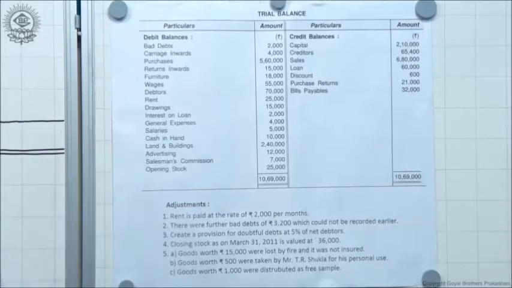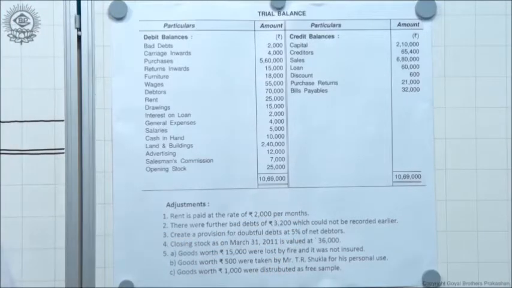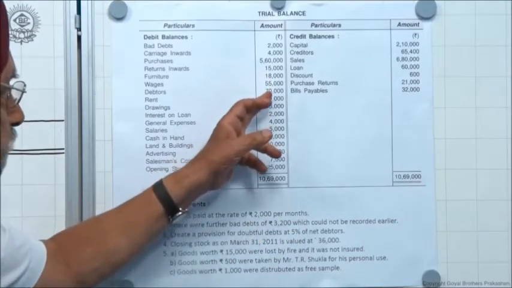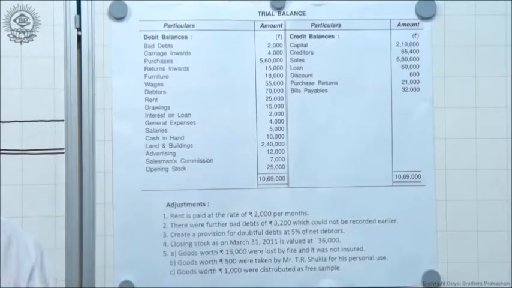Provision is always made on what? On good debts, not on doubtful debts. So, we have debtors of 70,000 and we have to create a provision of 5% on good debtors. So, we will have to deduct out of 70,000 these 3,200 which are additional bad debts, and then we will have a provision of 5% on the net debtors after deducting the additional bad debts, right?